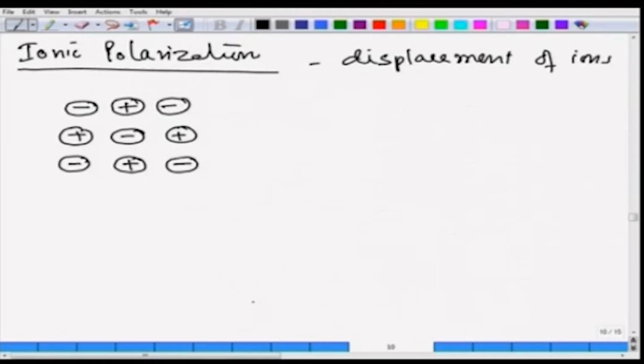Now we apply some electric field, let us say in this direction. What happens in this case? Positive charges are going to move and negative charges are going to move.